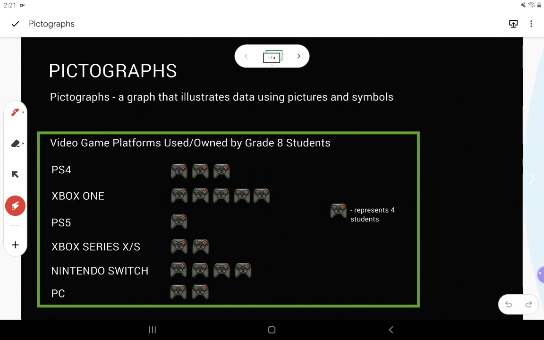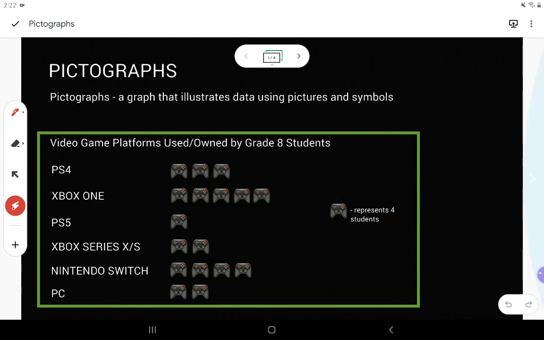So looking at this here, I've used a picture instead of numbers to say how many students have each type of video game system. So if I'm looking at the PS4, I've used 1, 2, 3 video game controllers to represent how many students own that PlayStation 4. Now if you look at the legend in the corner here, it says one controller represents 4 students.